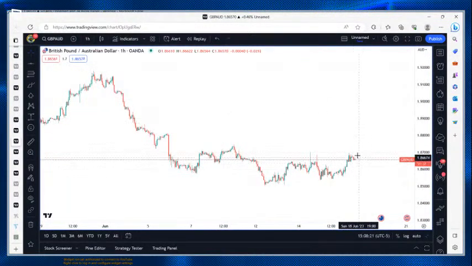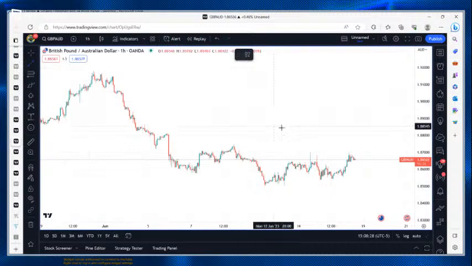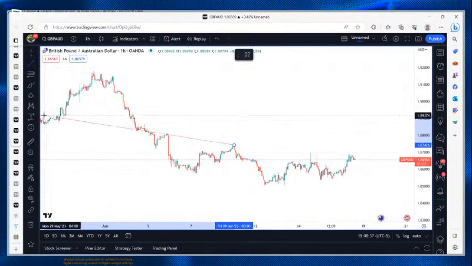Why has the market made a high here? Which, I mean, we already know, but let's see if we can find a higher. So why did the market make a high here and then just fall off?